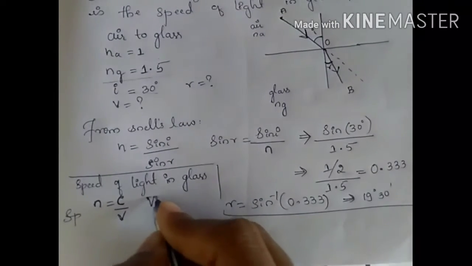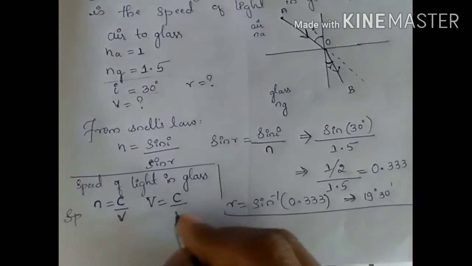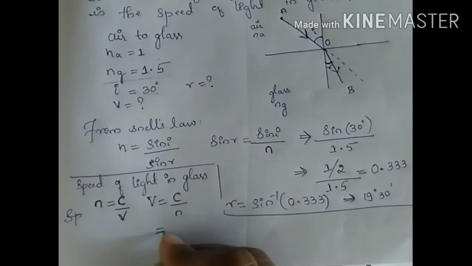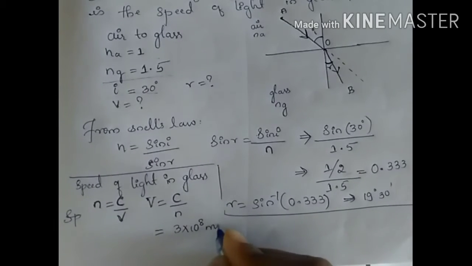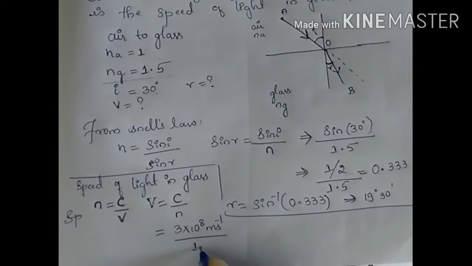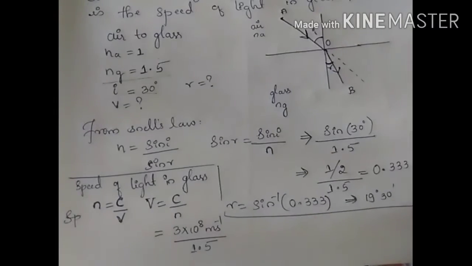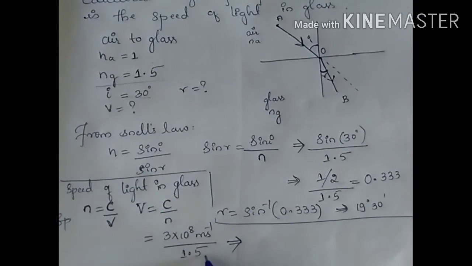So if you substitute this here, it will be C by N now. C is 3 into 10 power 8 meters per second, divided by N, which is given as 1.5. The refractive index is a unitless physical quantity, so you need not worry about the unit for the refractive index.